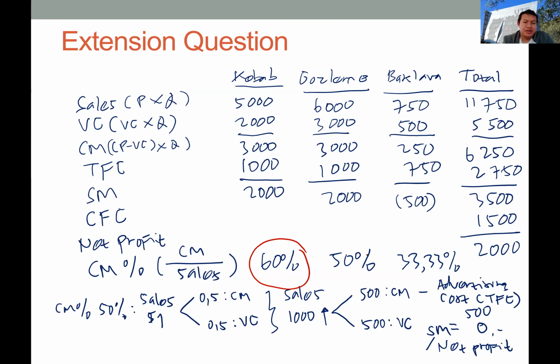Okay, so if the company decides to promote kebab, and the sales of kebab increase by 1,000, we can know that out of this 1,000, 60% or 600 will go to the contribution margin, and the remaining 400 will go to variable costs. So the company will have additional contribution margin of 600.